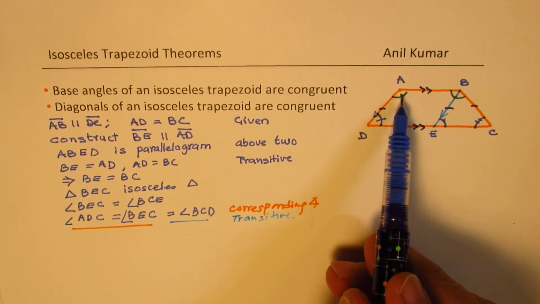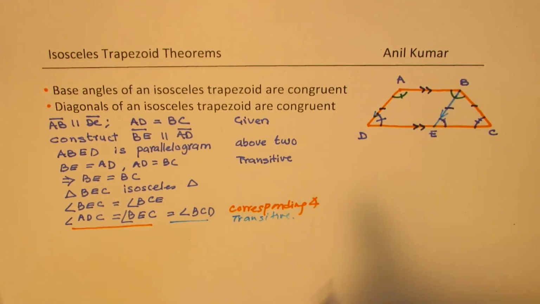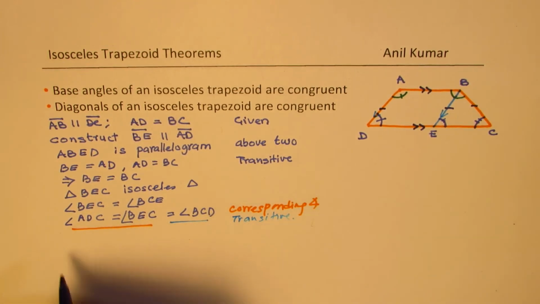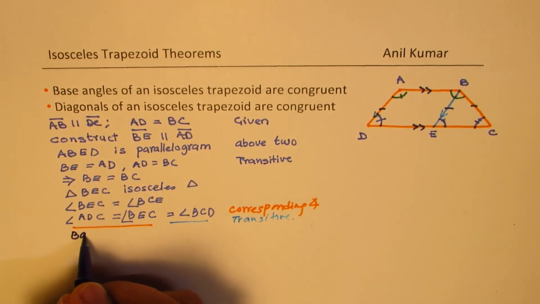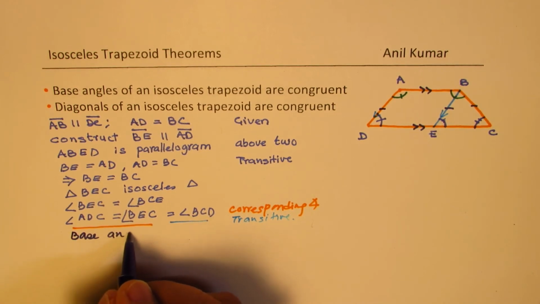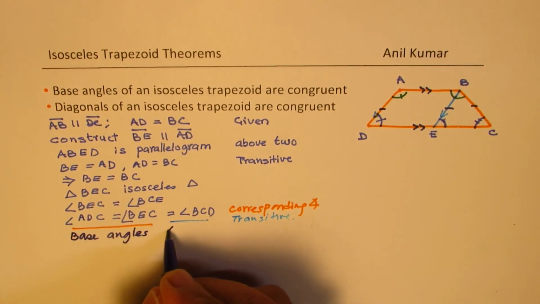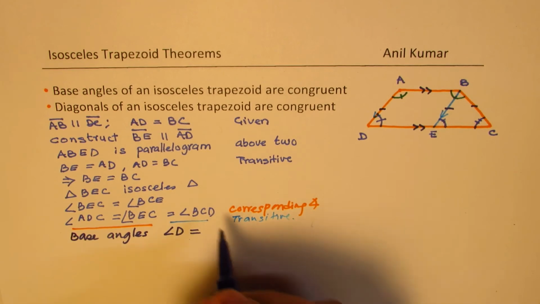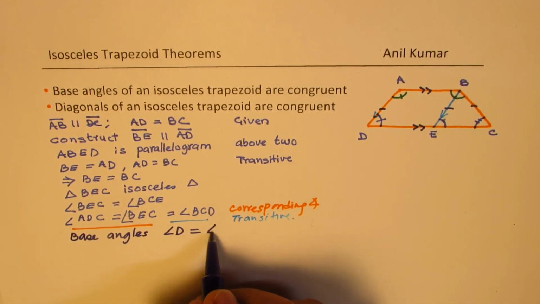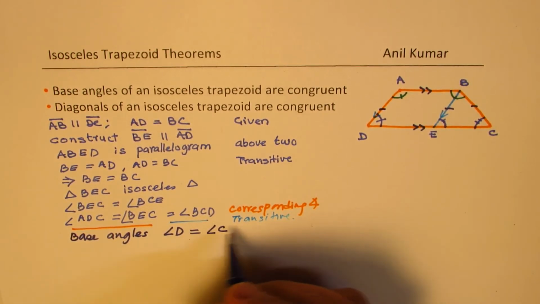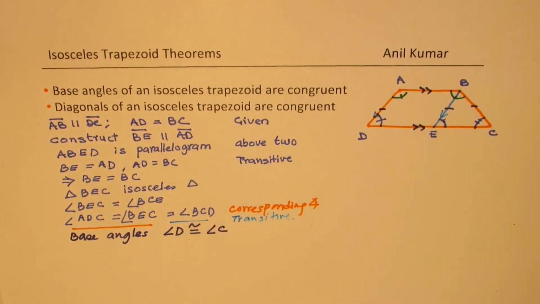Now, let's work on A and D. So that means one important thing which we have shown is the base angles, angle D is equal to angle C, right? They are congruent or equal. Okay.